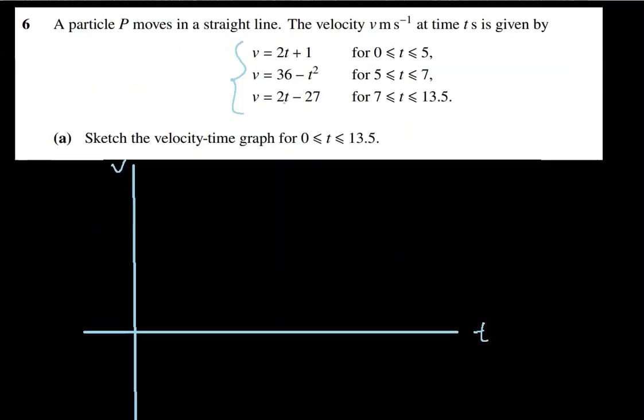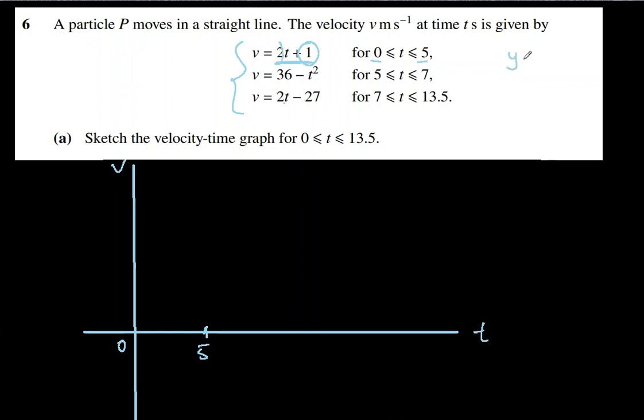Let's focus on the first equation, which is from 0 to 5 seconds. Since it is up to 13.5, let's say 5 is up to here, and this is 0. From 0 to 5, it's a linear graph with the v-intercept as 1 and gradient as 2.